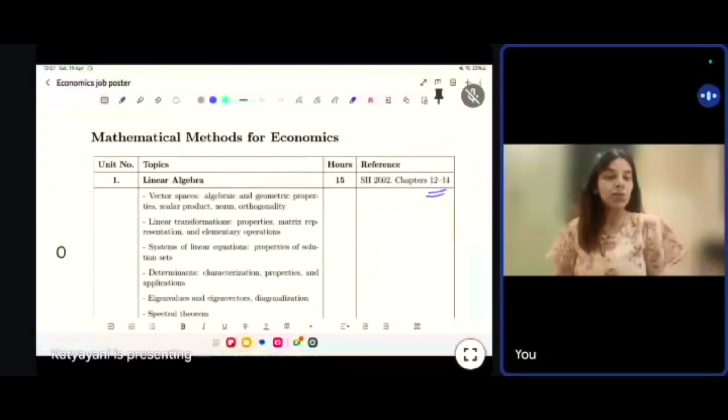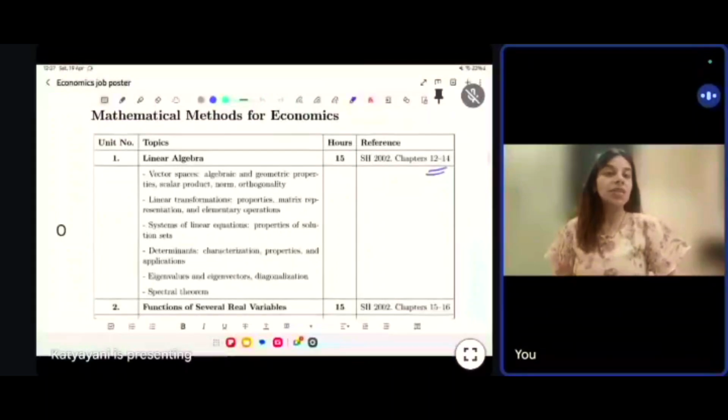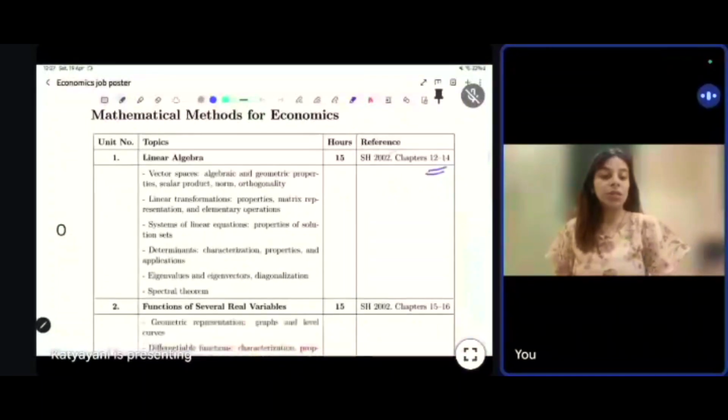Before starting the course, I would like to introduce you to the readings or the syllabus that we'll be following throughout the course. So you can see on your screens that these are the topics that you have to cover. The basic reading would be Sydsaeter and Hammond, which is the 2002 edition, right? The first unit being linear algebra, where we'll be covering topics like vector spaces, matrices, determinants, and so on.